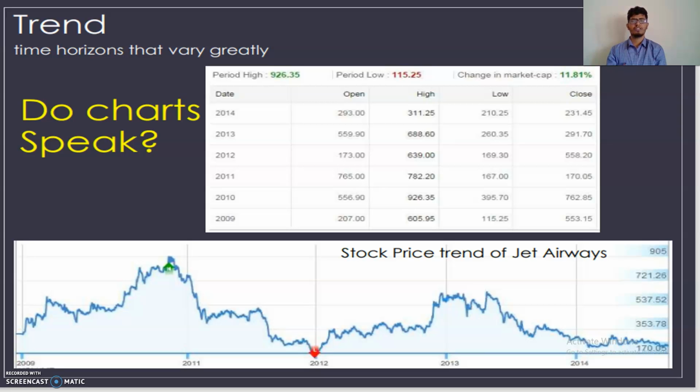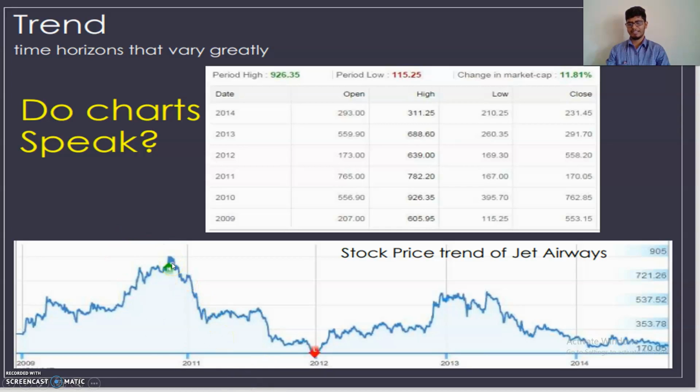Before going to the charts, we need to understand the trend. Trend is nothing but the movement. It may be upward movement, downward movement, or flat movement. Fine. So does the chart speak? Here is the Jet Airways chart. Even the table is also given. Obviously, you can check the movement here itself.